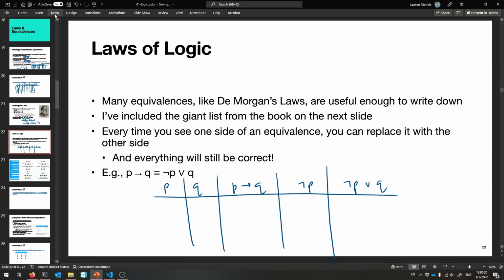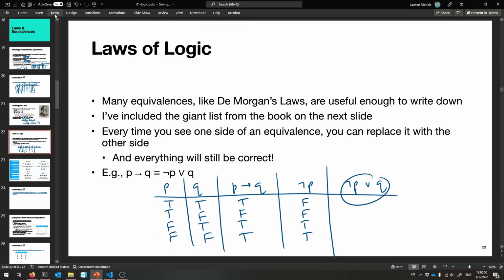So, true, false, true, false, true, true, false, false. And then we remember this one: it's only ever false if we did the condition, but we didn't get the conclusion. True every other time. Not P is just negate this row: false, false, true, true.